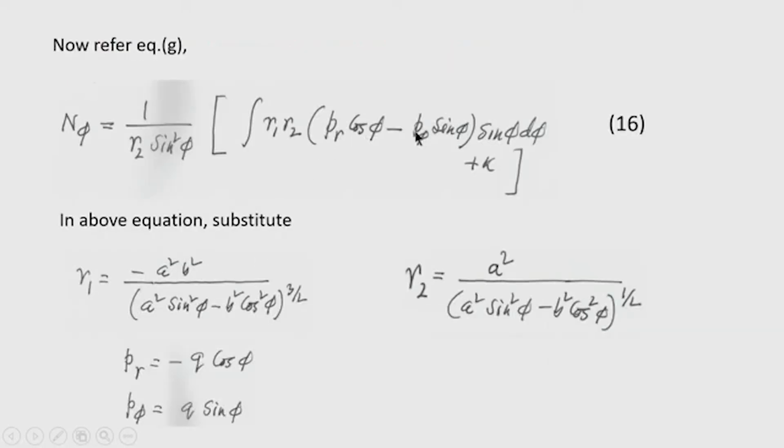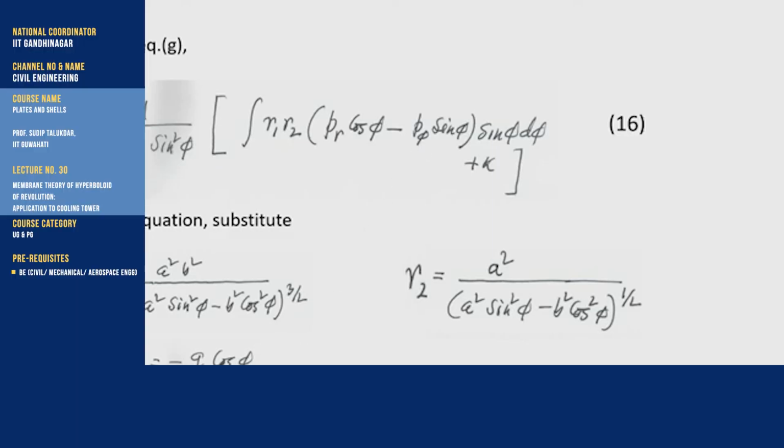So, these two terms will be substituted in this integration: p r cos phi and p phi sin phi, which we have obtained in terms of this gravity load q. So, p r is substituted as q into cos phi, and p phi is substituted as q into sin phi.